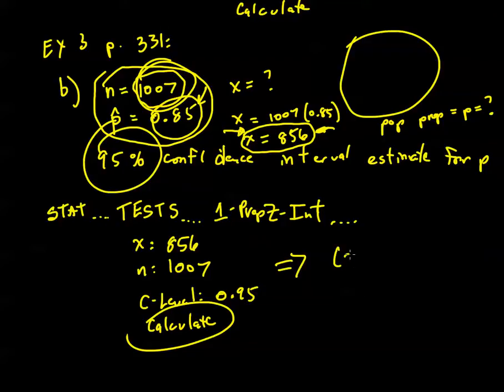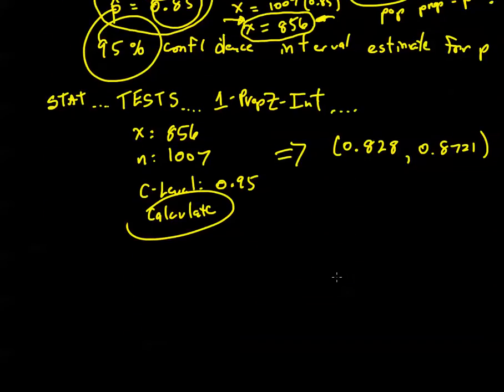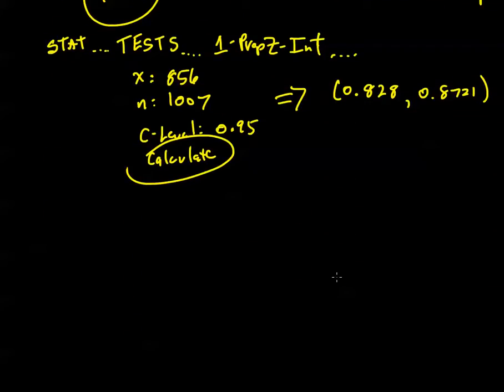Now again, the calculator outputs these confidence intervals in what we call interval notation, basically a pair of parentheses with min and max values specified. So this is my 95% confidence interval for little p, the population proportion of people worldwide that recognize Twitter.